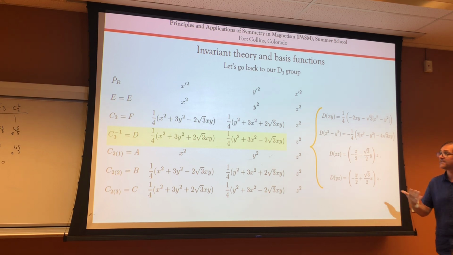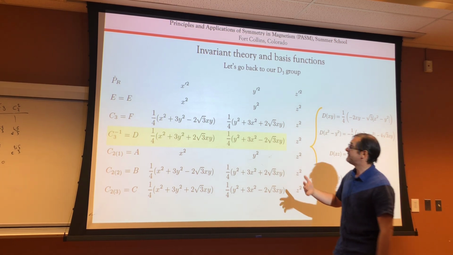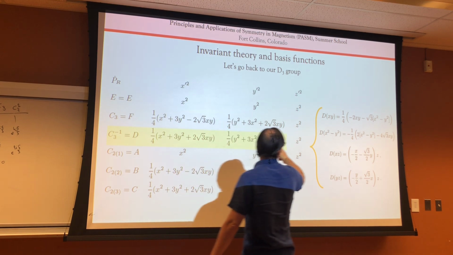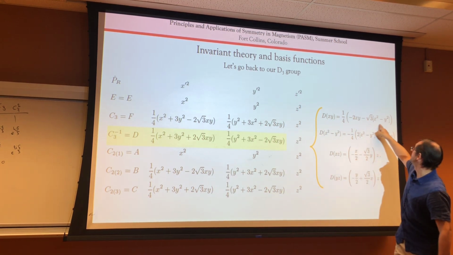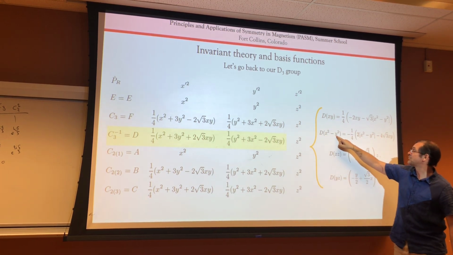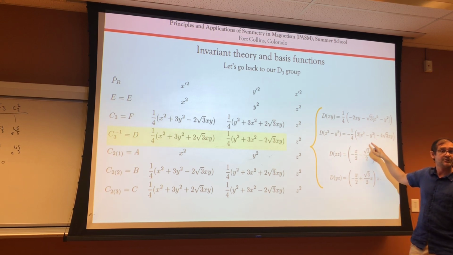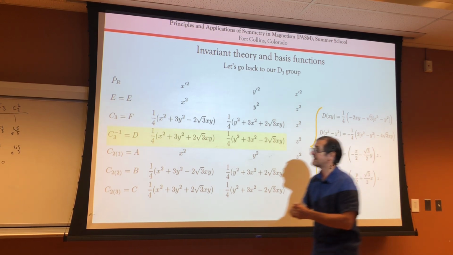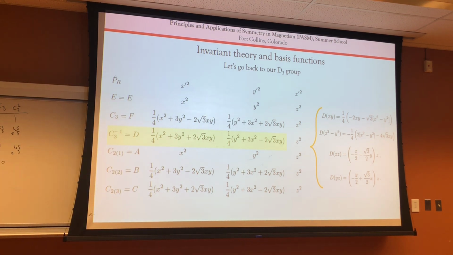And I can do the same with the xy. If I take xy, then we see the xy will be transformed this way, and the x squared minus y squared will be transformed this way. So I build a vector. What it means is that if I take a vector that is xy, x squared minus y squared, I perform my transformations, and I will have another vector with, okay, different coefficients, but still the same vector, xy, x squared minus y squared.